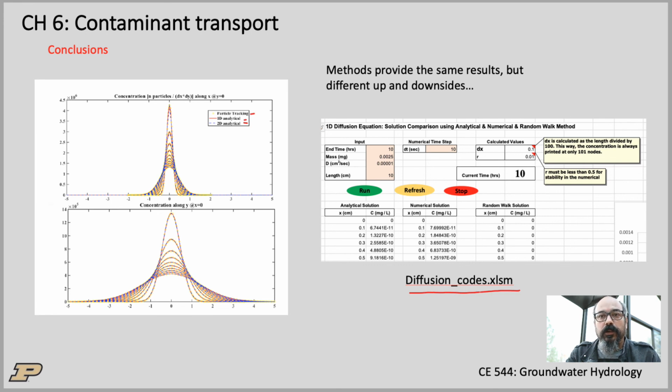I'll upload that code independently too, so you can run this interface and it does an analytical solution, a numerical solution based on finite difference, and a random walk solution, which is what we just did, but all coded up in Excel for simplicity. So I put that in your folders. So again, three different methods of solution.